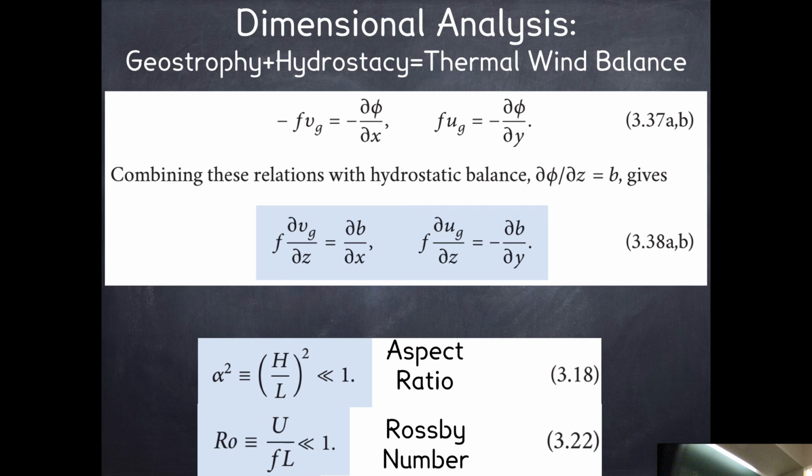I could take d/dz of this equation and d/dz of this equation, and then I'd have a dφ/dz, and I'd have a dφ/dz. On this side, I'd have an f du/dz, because f doesn't change in the vertical, but u certainly might. This side, f dv/dz, which is these equations.